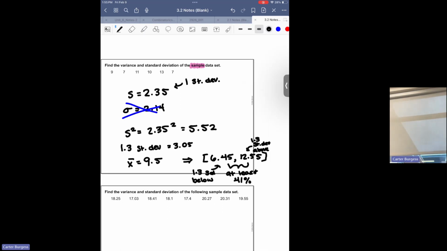Okay, so let's calculate it. What's our sample size here? Yeah, so, well, we don't have to add them all. It's just for sample sizes, number of data points. We have 6 data points. How many of them fall within this range, between 6.5 and 12.5?